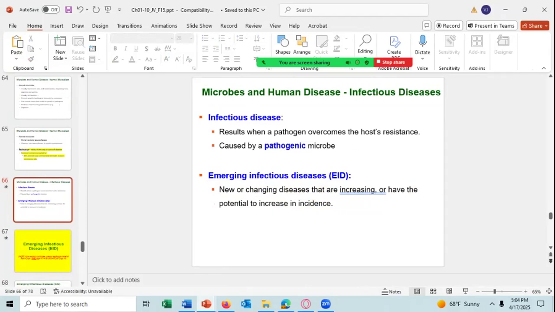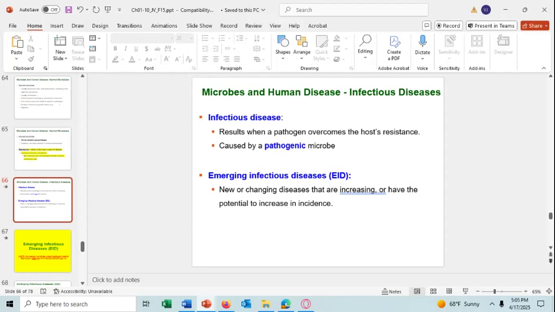They have no immune system, and the normal microbiota may cause disease in cases like that. Another example would be a cancer chemotherapy patient. Their immune system is weakened by the chemotherapy, and the normal microbiota may cause disease in them.